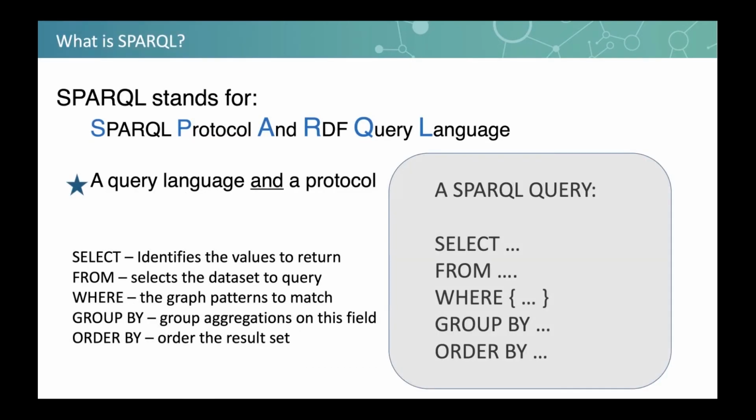So what is SPARQL? SPARQL stands for SPARQL Protocol and RDF Query Language. It's actually a recursive acronym. You don't see those very often, but they do exist. So SPARQL Protocol, it's interesting because it's a language and it's a protocol. So it defines not only how you write the query, but also how the query is passed over the internet.